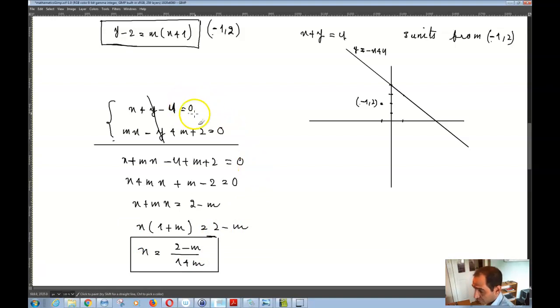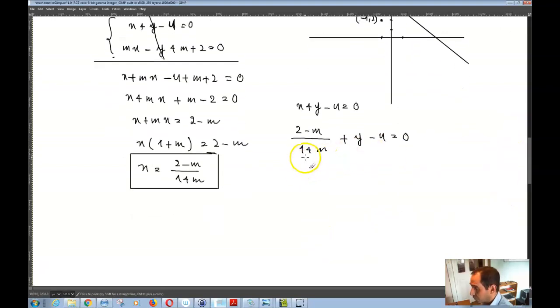Then you can use, for example, this equation, x plus y minus 4 is equal to 0, and put x as 2 minus m over 1 plus m, plus y minus 4 is equal to 0.